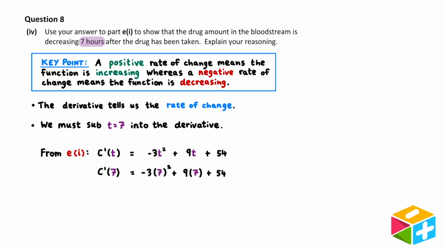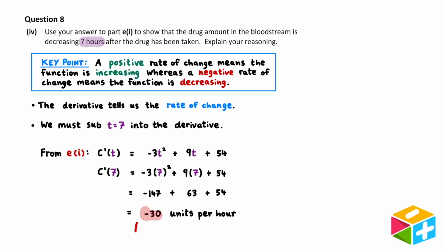This gives us minus 3 times 7 squared plus 9 times 7 plus 54. This simplifies to minus 147 plus 63 plus 54. Doing this calculation gives us an answer of minus 30 units per hour.